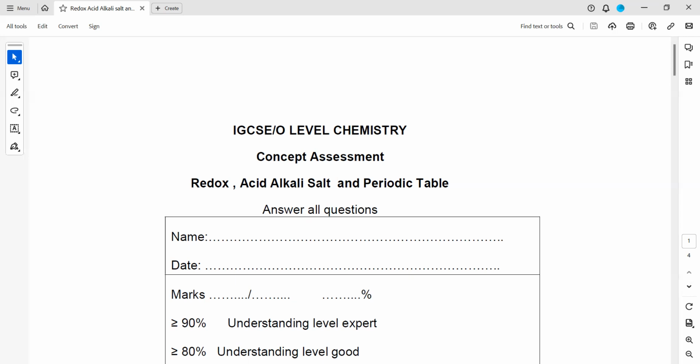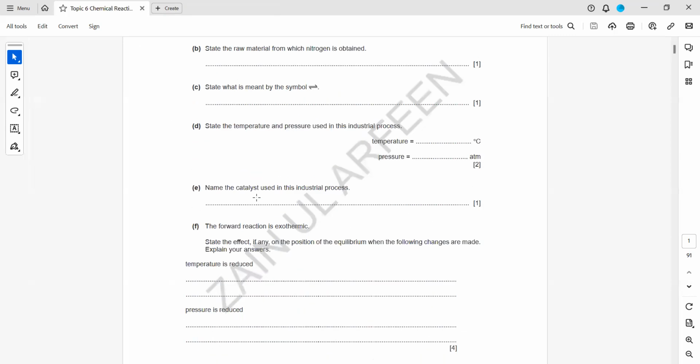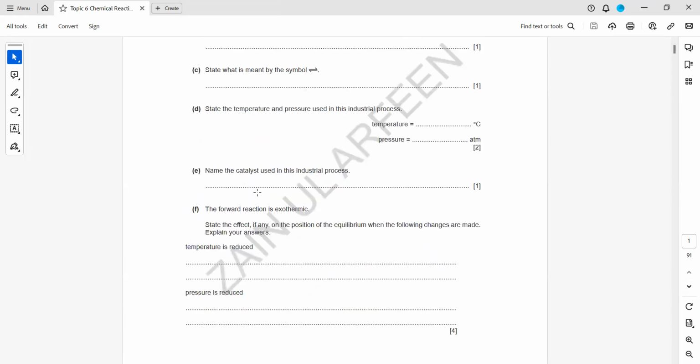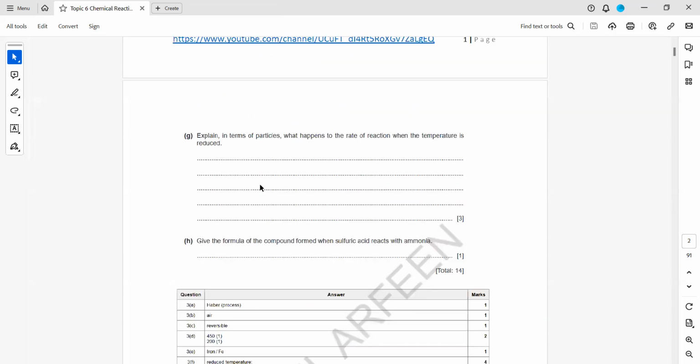Just solve page 1 and send the picture. This one is topic 6. Just solve the question on page 1 and send the picture.